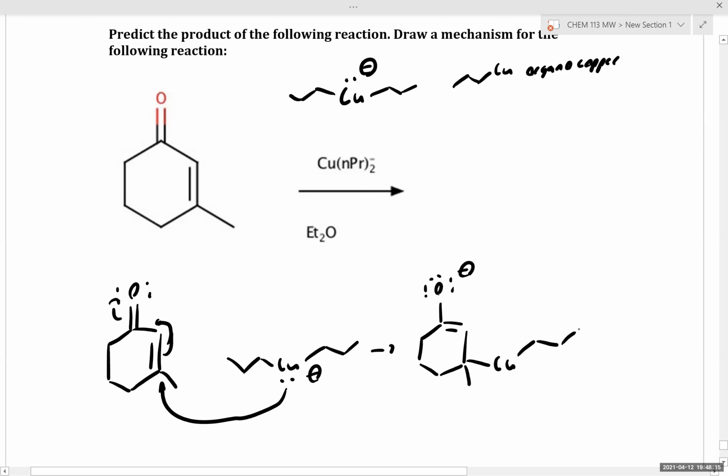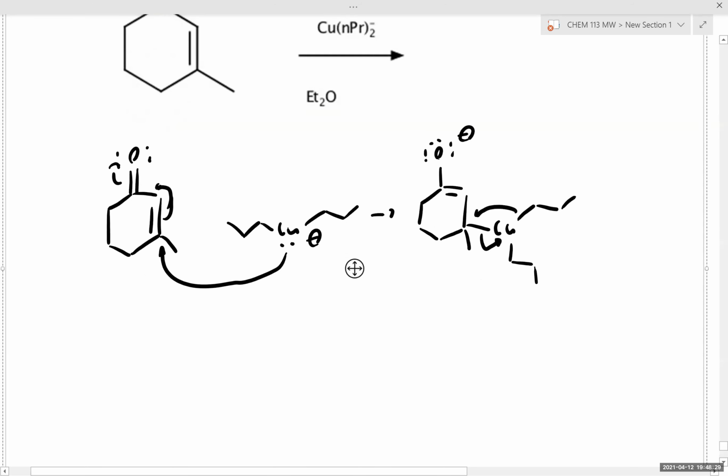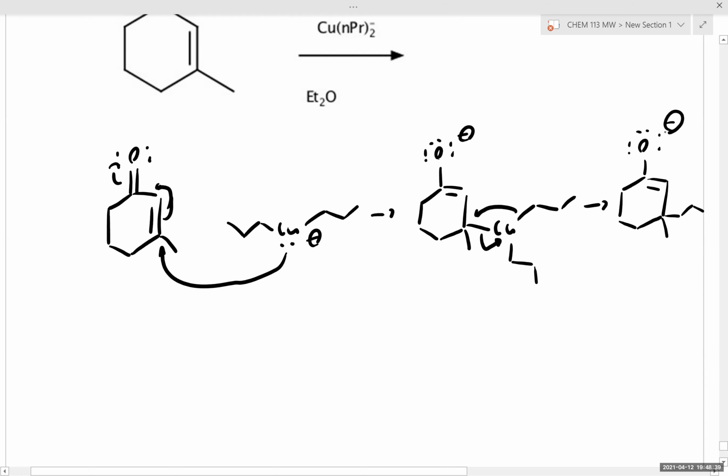Now that we have our alkyl copper species, for our reductive elimination step, we form our key carbon-carbon bond and we break our carbon-copper bond. And that in turn gives us our desired 1,4 addition product. Does this mechanism make sense to everyone?